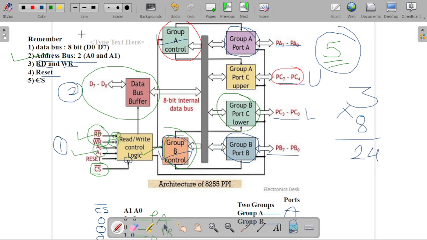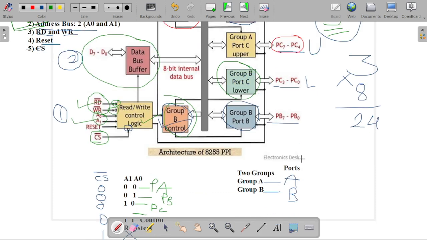What you have to remember, first of all, is the data bus, then the address bus, read-write signal, reset signal, chip select signal, and later on this group architecture.